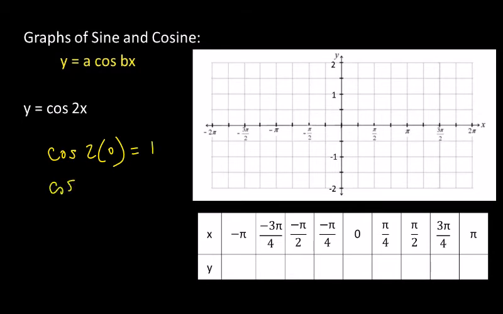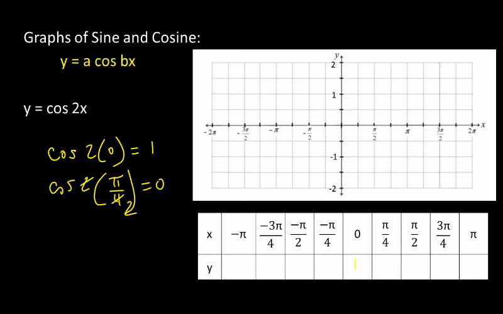So then I'm taking cosine of 2 times pi over 4, plugging those in. So then I'm going to look at, okay, what's cosine at pi over 2? It's going to be 0.